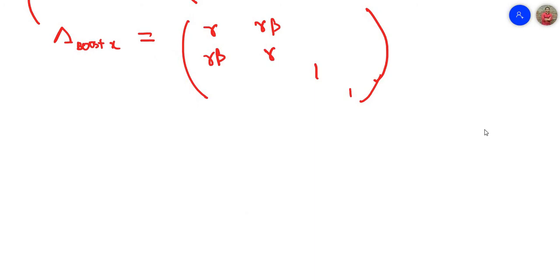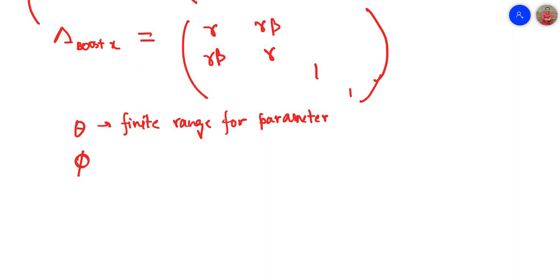And although there is some sort of analogy, understandably it will not be the same kind of functions or in fact the same parameter, because rotation we know has finite range for parameters, but for boost we'll expect that whatever the parameter is, it will have an infinite range.